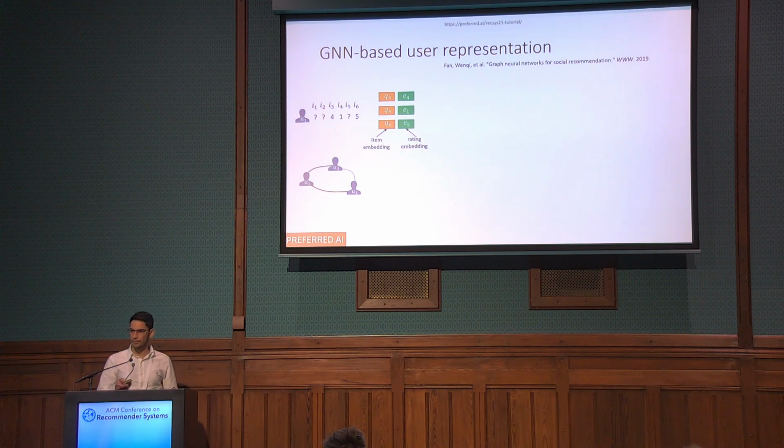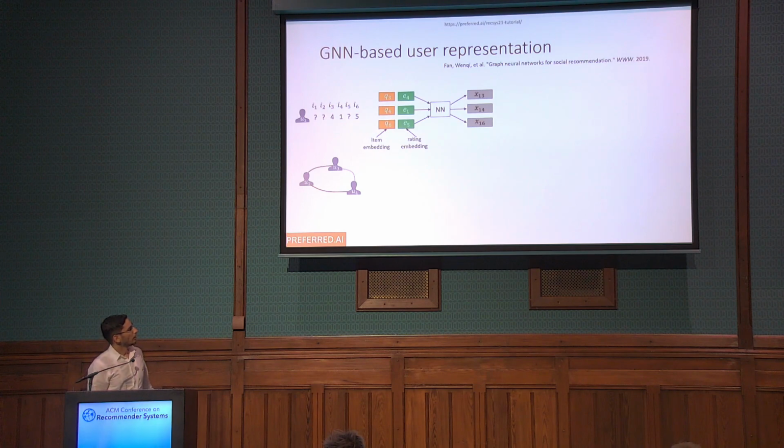So for example, here the user rated items 3, 4, and 6. So we have the embeddings for their items, and then we have the embeddings of the ratings. Here, like to take into account really the value of the intensity of the embedding. So here, rating for item 3 is 4, for item 4 is 1, and then 5 for item 6.